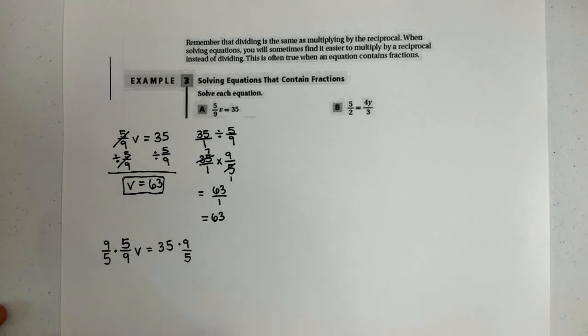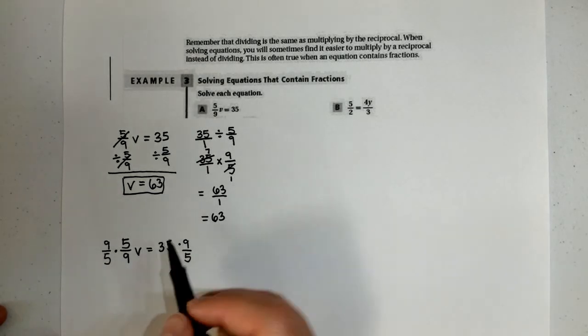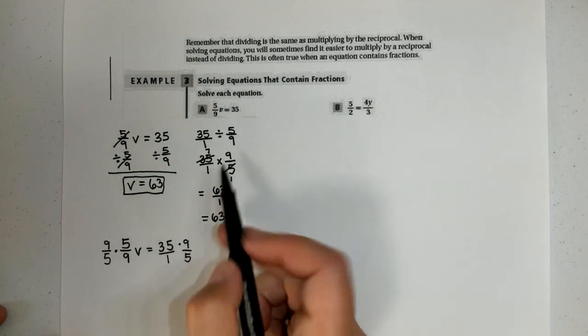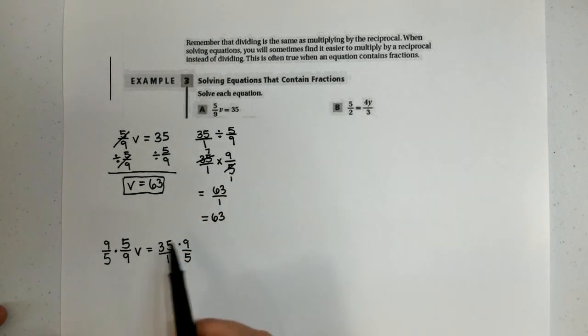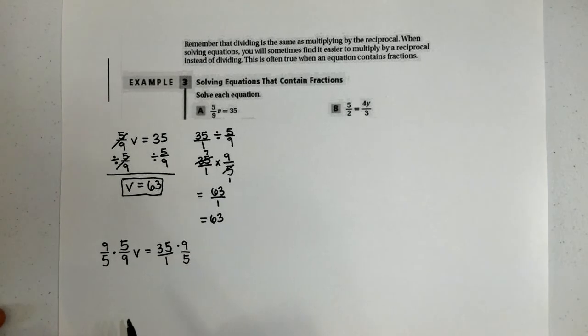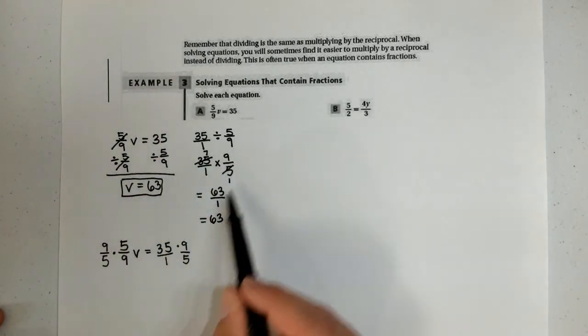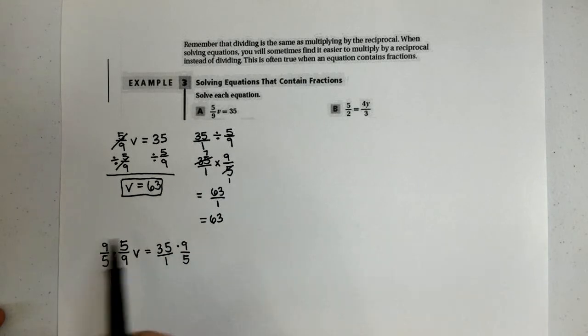So you're going to be left with 1v. Okay? And then over here, I'm going to put 35 over 1. That's the same thing we just did up here. But we kind of get right to the point right away. So if this helps you, you can do it that way. But if you want, you can just multiply by the reciprocal right away. This will get you there a little bit quicker.